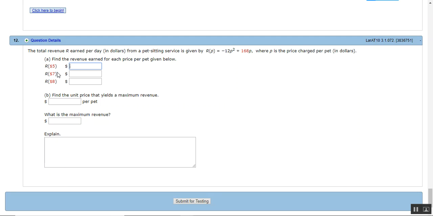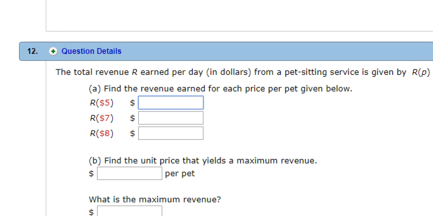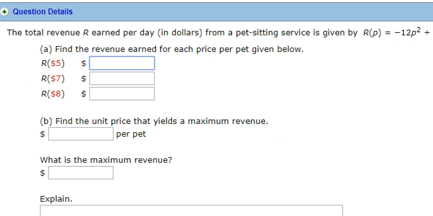So basically, the first one is asking how much revenue is earned when the pet sitting service is charged at $5 per pet.